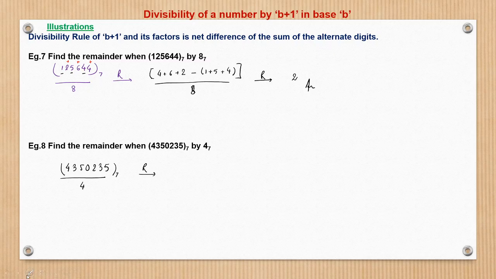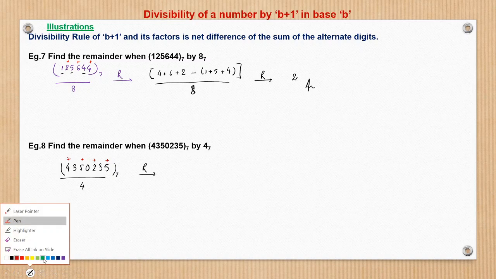So what we will do, for this sake I just write here, we'll add the alternate digits from the right-hand side, and then we will subtract the alternate digits from the remaining digits, right?